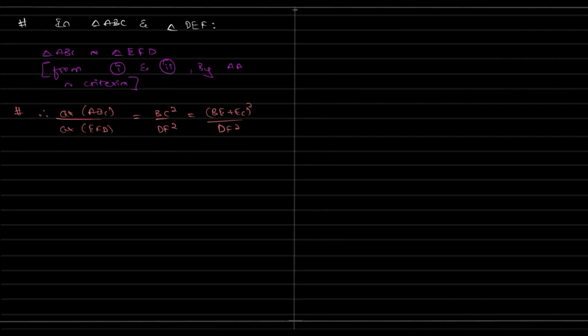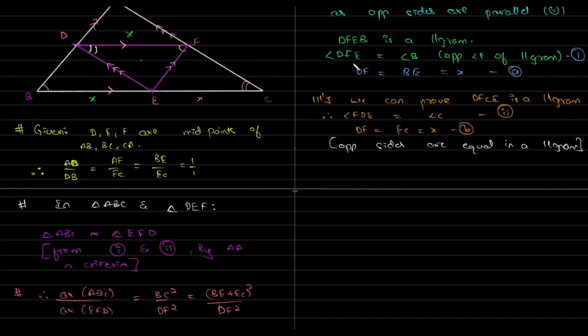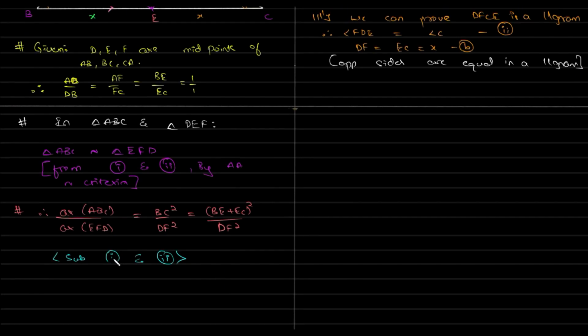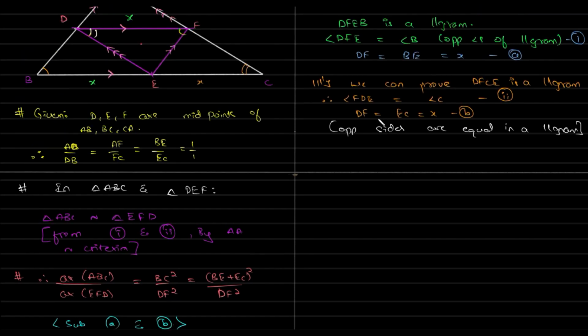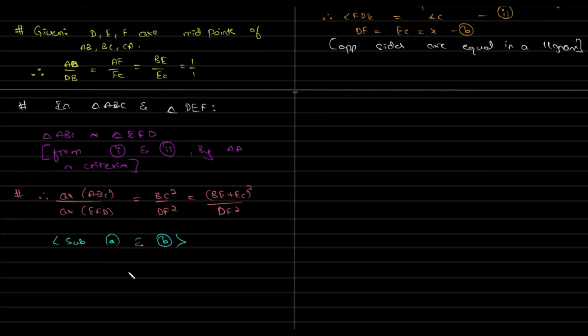Now we substitute from equations A and B, which talk about the sides being equal to X. That is, if this is X, then we have this to be X and X, so 2X basically.